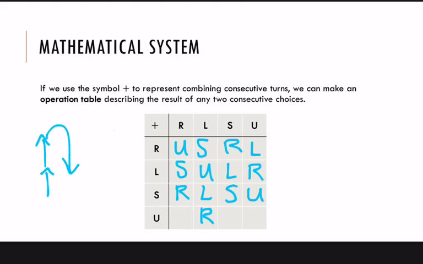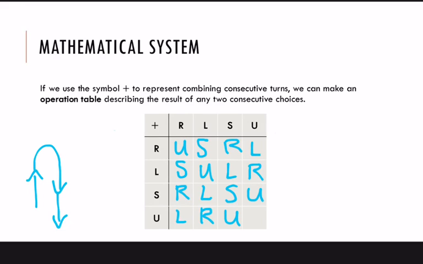U-turn plus a right turn: here's your original, U-turn, and then a right turn is the same as if you had just turned left. U-turn plus straight: original direction, U-turn, continue straight, it's the same as if you made a U-turn.